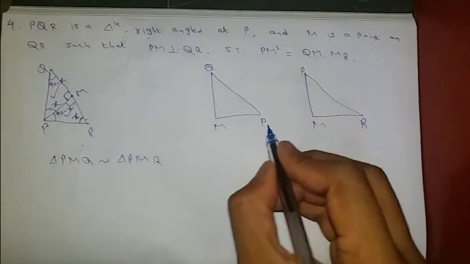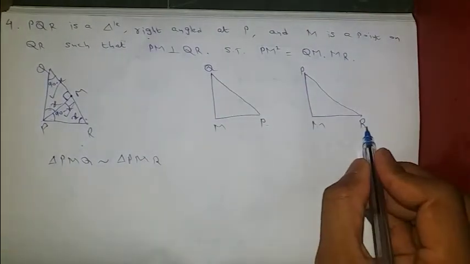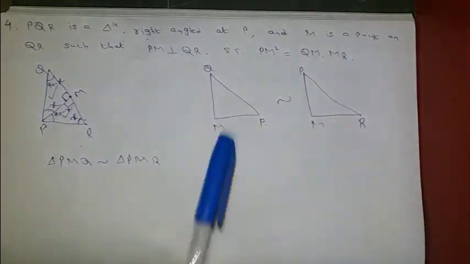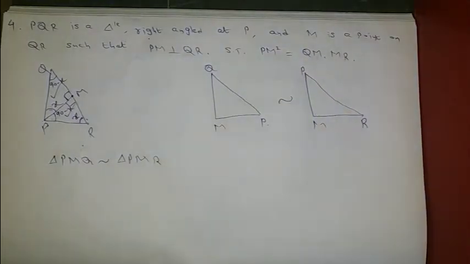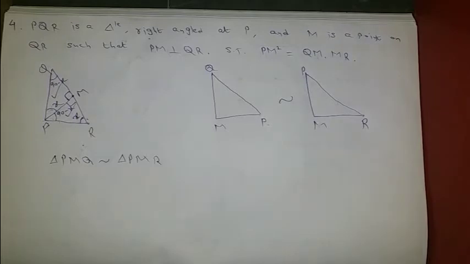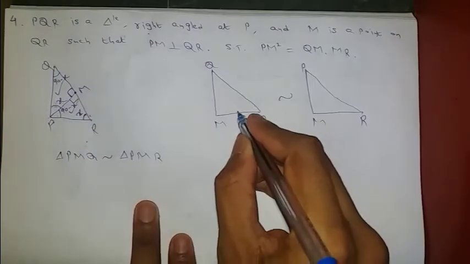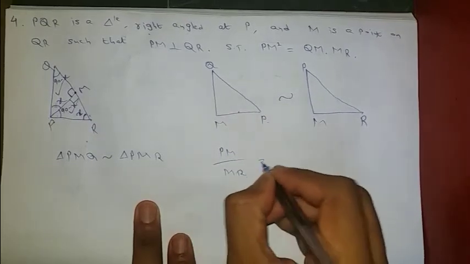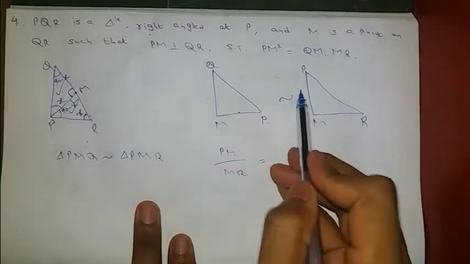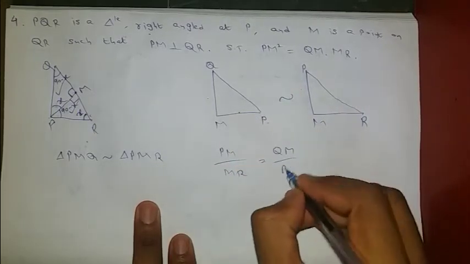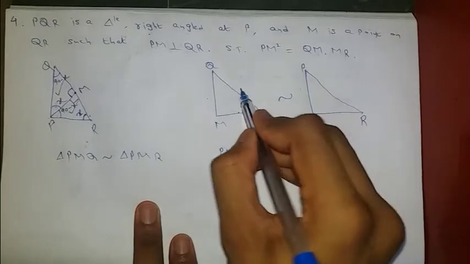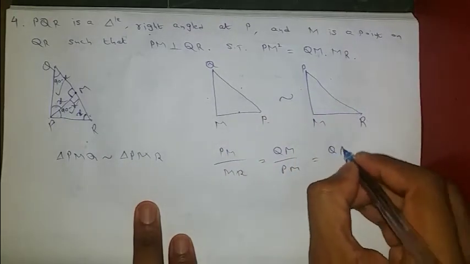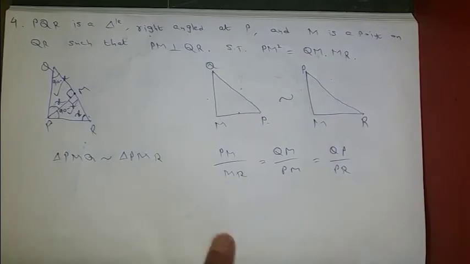Now already we know this triangle PMQ is similar to triangle PMR. So these two triangles are similar to each other. If two triangles are similar to each other, those corresponding sides will be in the same ratio. That is base by base, PM by MR, is equal to side by side, QM by PM, is equal to hypotenuse by hypotenuse, that is QP by PR.